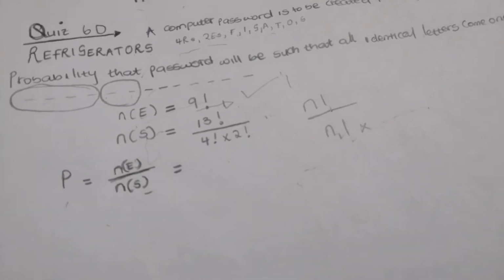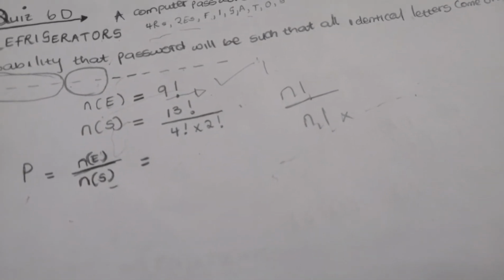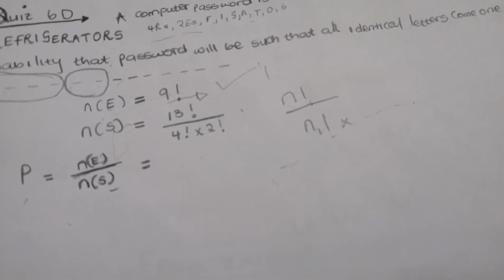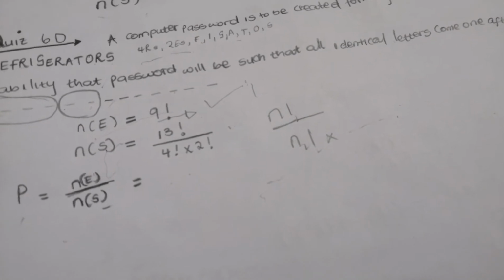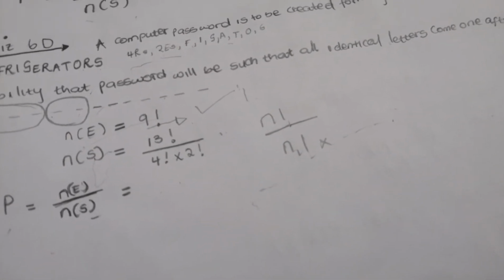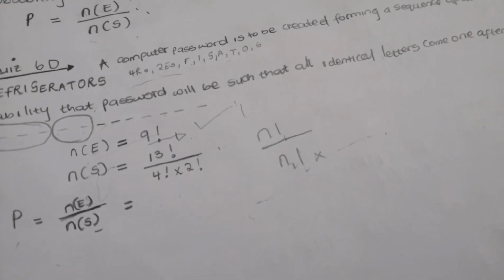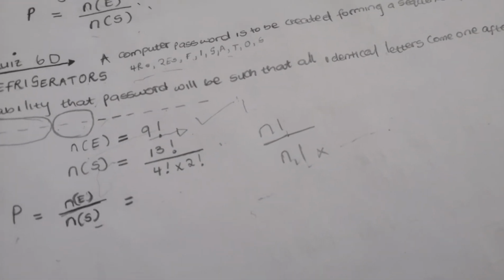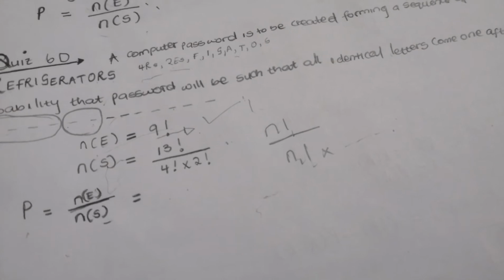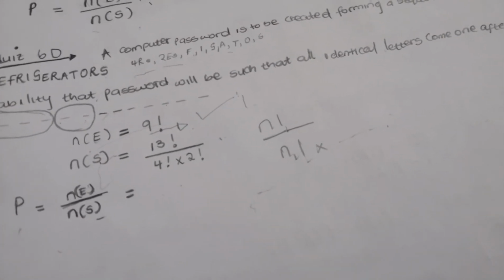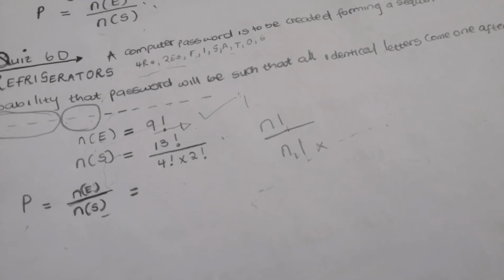So the sample spaces, you will find them from the equations that we did in the intro. If you have different things, when you are solving for your sample space, it will be n factorial, right? And then you will see what conditions you are given, then you will solve for your NE, right?